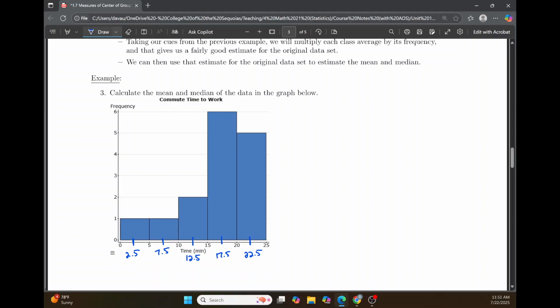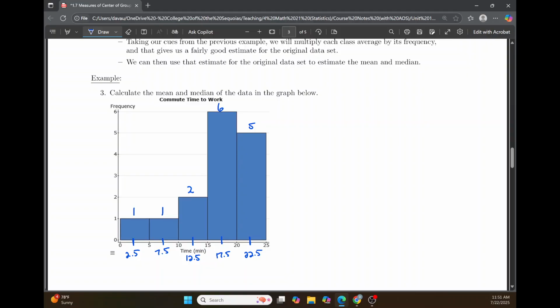Essentially, we're going to say that there was one person who had a 2.5 minute commute time, one person who had a 7.5 minute commute time, 2 people who had a 12.5 minute commute time, 6 had a 17.5, and 5 had a 22.5 minute commute time. Okay, and so then you can go back and compute the mean and the median exactly the way that we did before. So I will let you pause the video and see if you can work that out like we did example 2.